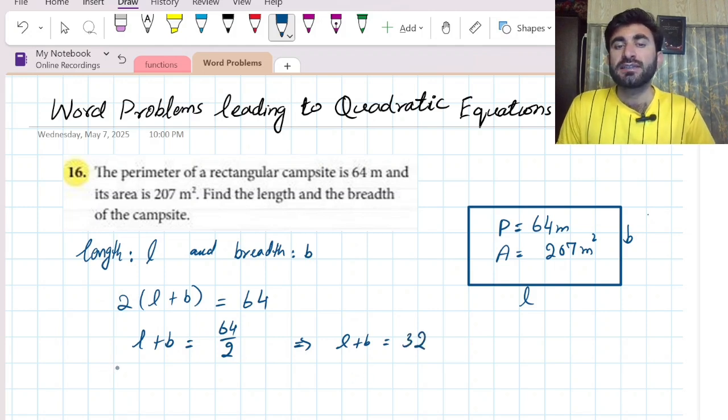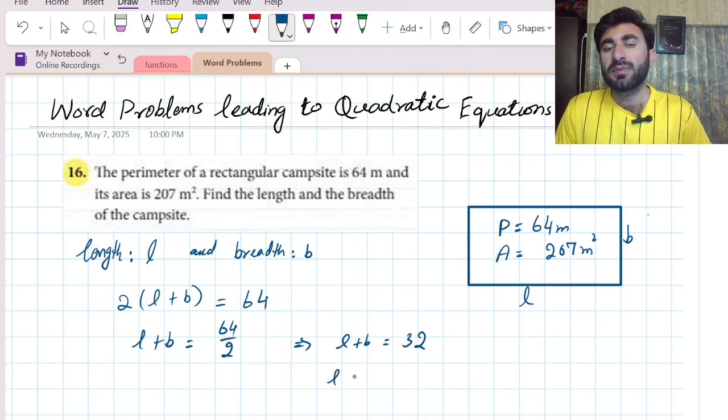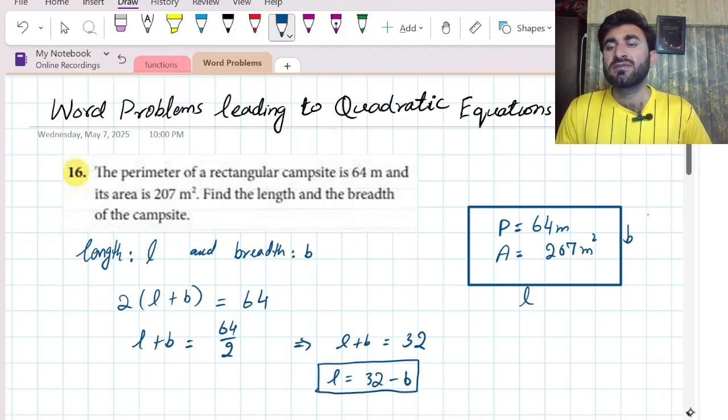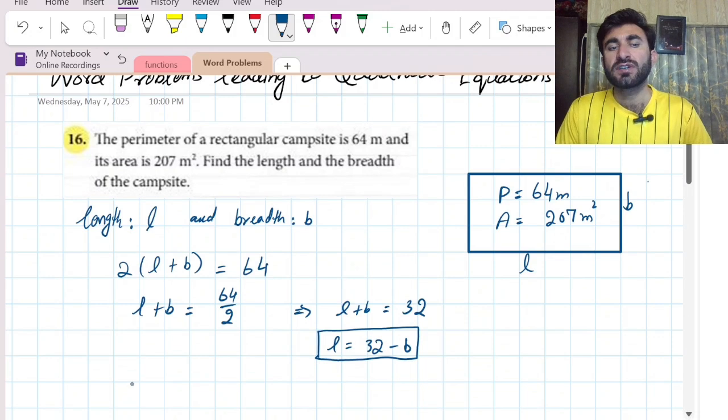So I can either express length in terms of breadth or breadth in terms of length. If I want to keep L over here, B will be moved to the right and it will become 32 minus B. So I have expressed length in terms of breadth, which we can use in the second given thing, which was its area. And we know the area of a rectangle is its length multiplied by breadth.